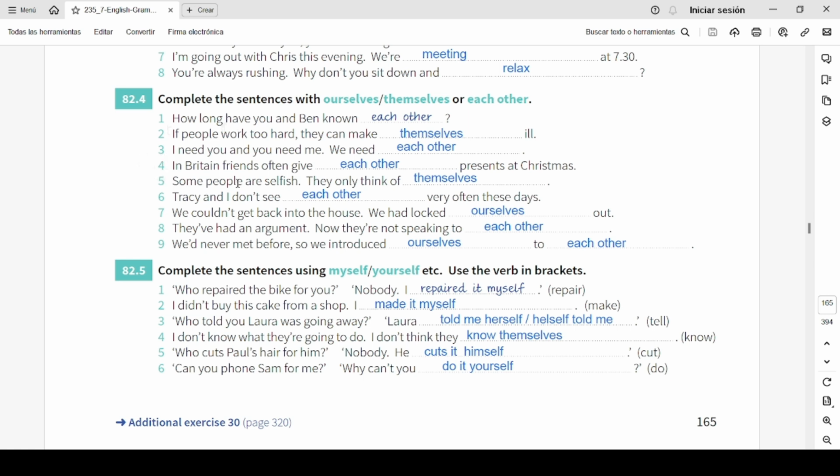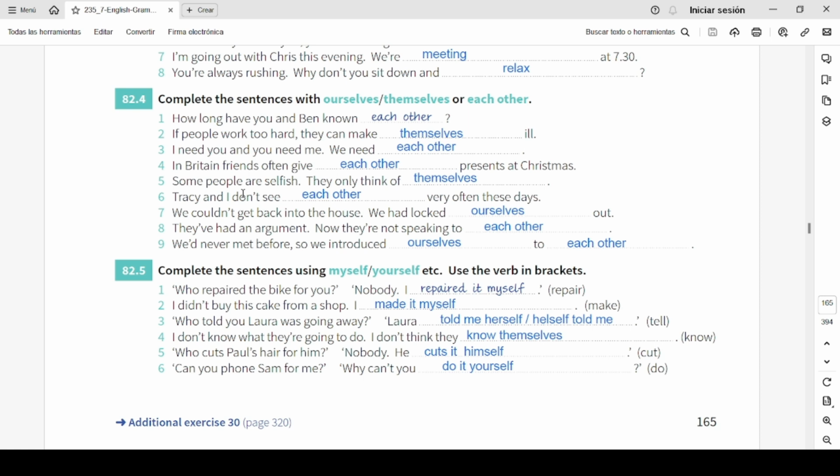The next one, some people are selfish. They only think of themselves, right? Okay. One tip for this kind of exercise.